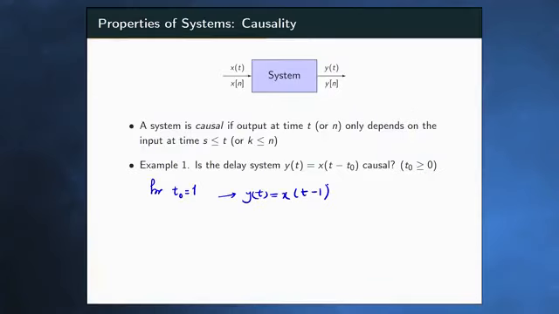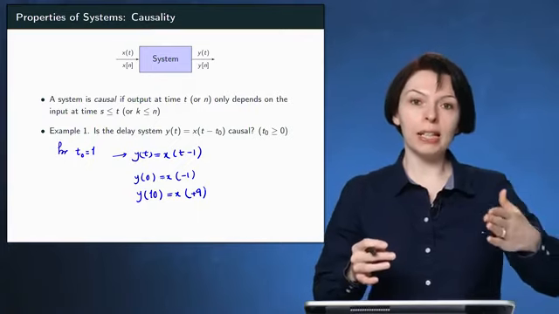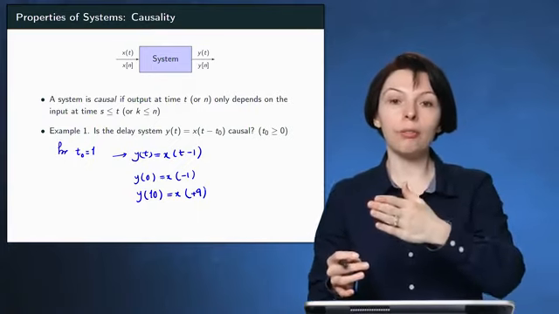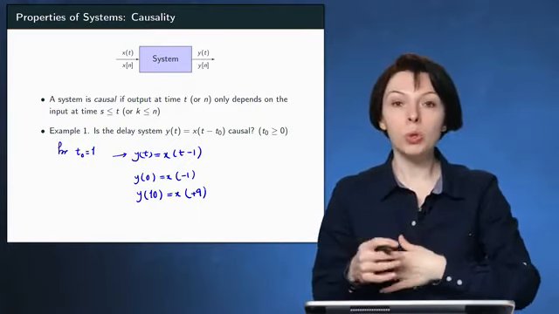So for example, if I want to know the value of y of t at t equal to 0, I need to know the value of x of t at t equal to -1. If I want to know y of t at t equal to 10 seconds, I need to know the value of x at t equal to 9 seconds.